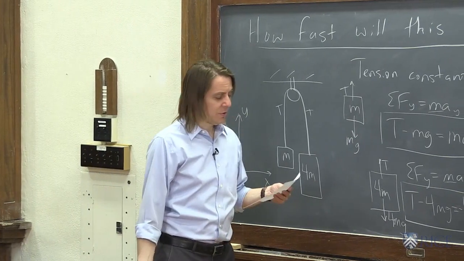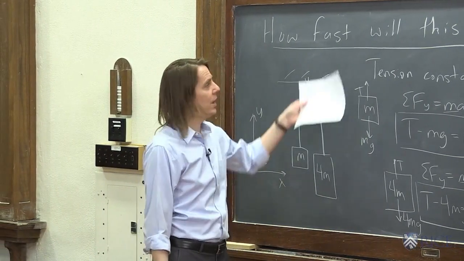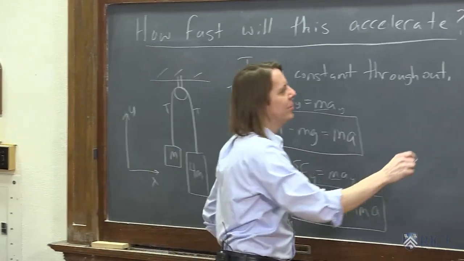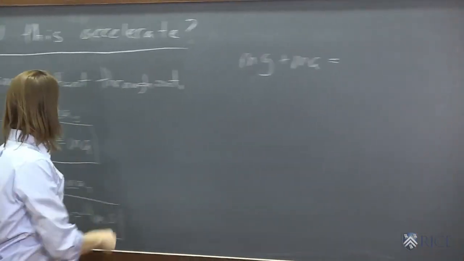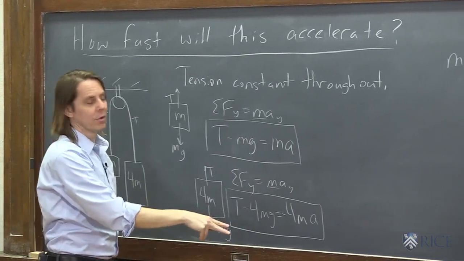So the quickest way to solve this is to equate the tensions, because we were asked for the acceleration. So we could say mg plus ma, this tension, equals 4mg minus 4ma.